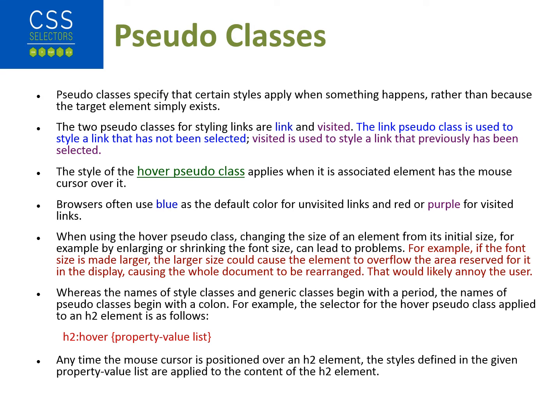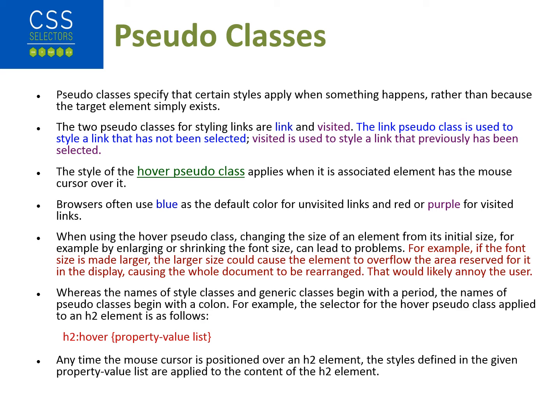Now come the pseudo selectors or pseudo classes. Pseudo classes specify that certain styles apply when something happens, rather than because the target element simply exists. The two pseudo classes for styling links are link and visited. The link pseudo class is used to style a link that has not been selected.